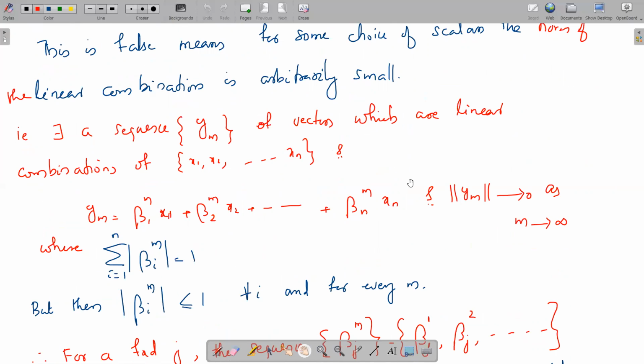But norm ym tends to 0 as m tends to infinity. That means we cannot make the norm of this greater than or equal to C, where C is a positive scalar. So however we choose, as m tends to infinity, this linear combination tends to 0.